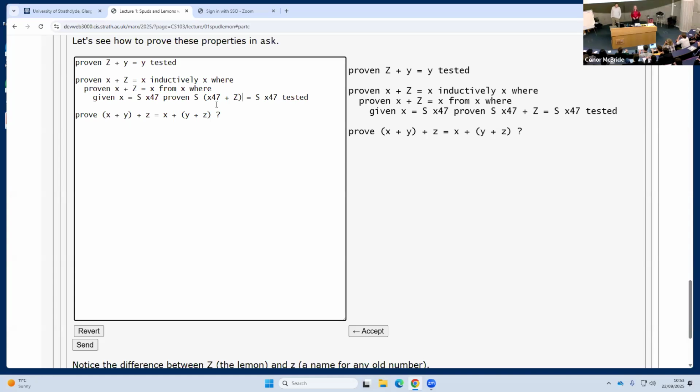So we're building up the explanation of why x plus 0 is x the same way we built up the number x in the first place. So 0 plus 0 is 0, and because of that, 1 plus 0 is 1, and because of that, 2 plus 0 is 2, and so on.